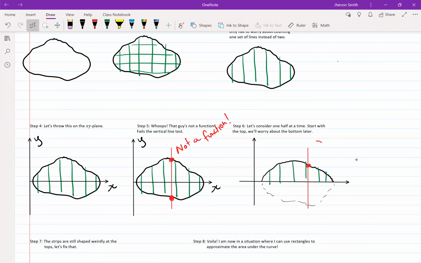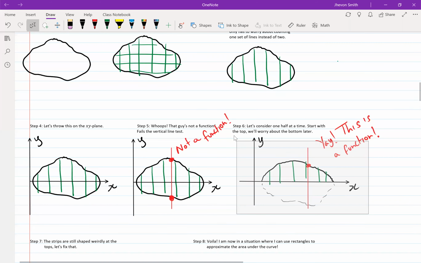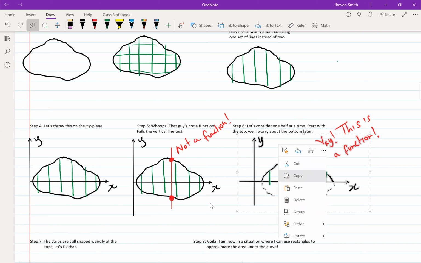Now, yay, this is a function. That actually gives me some options.